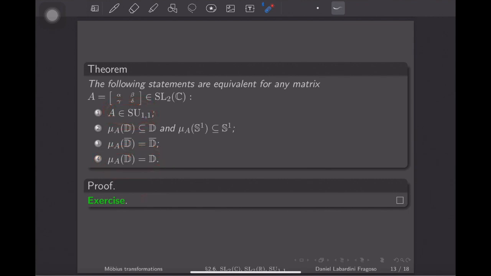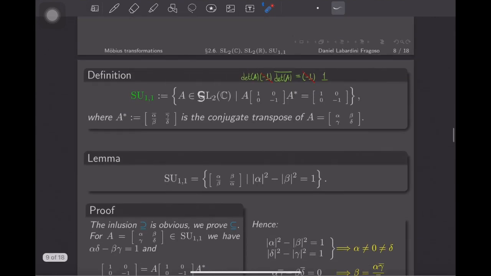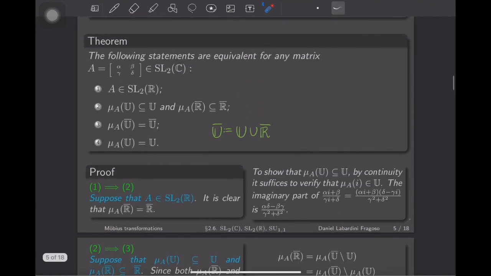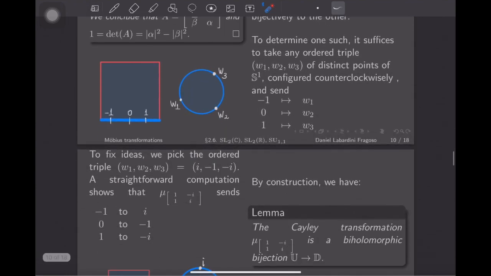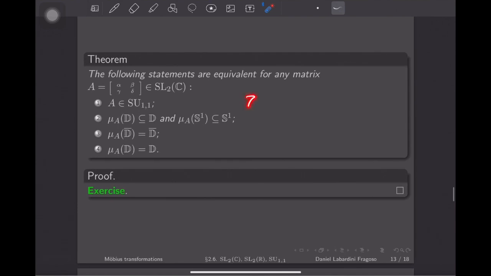The proof somehow can be done by now in a more direct way than what I did in the case of PSL2R, because now we know that SL2R and SU11 are conjugate, so one can use that to produce a shorter proof of this theorem. Right? So that's why I leave it as an exercise.